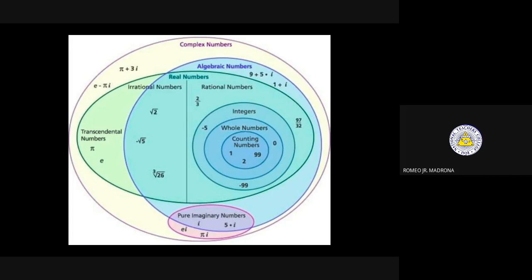Nakatago lang si complex plane dun sa likuran ni rectangular coordinate system or rectangular plane na sinasabi natin. Okay? Nakuha class. Nakatago lang si complex plane dun sa likod ni rectangular plane, if you could visualize or interpret what I'm trying to say.